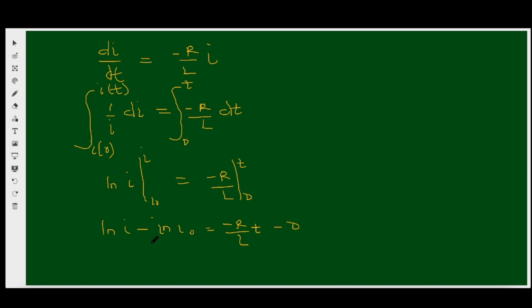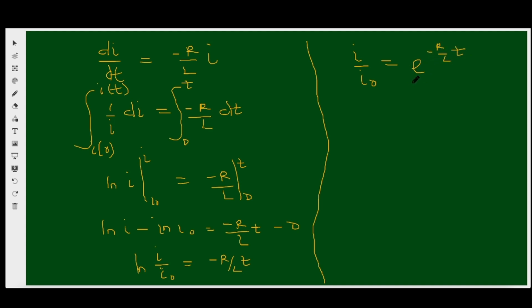According to the laws of logarithm, ln i minus ln i naught becomes ln(i/i naught), equals minus (R/L) t. And therefore, i/i naught will be equal to e raised to power minus (R/L) t.